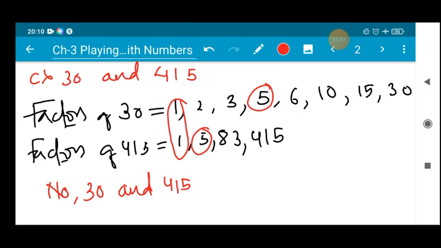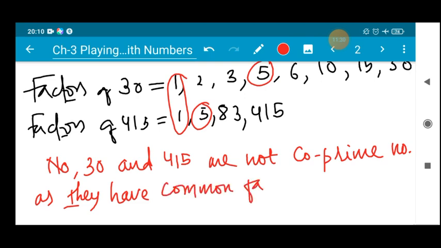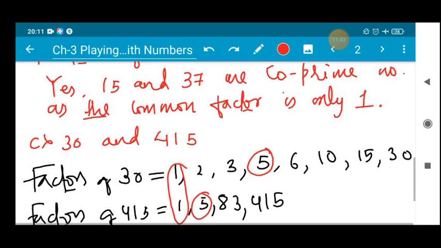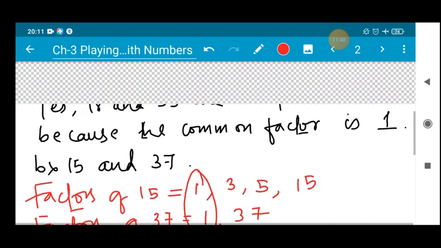Okay, 30 and 415 are not co-prime numbers as they have a common factor other than 1. So besides 1, you also have a common factor here, that is 5. But in the previous sums, you got only 1 as a common factor, so that's why we consider those numbers as co-prime numbers.